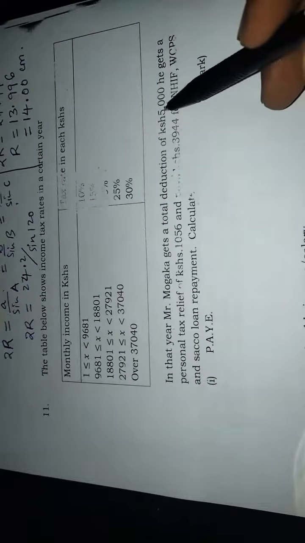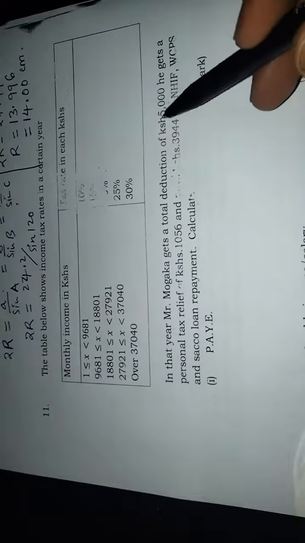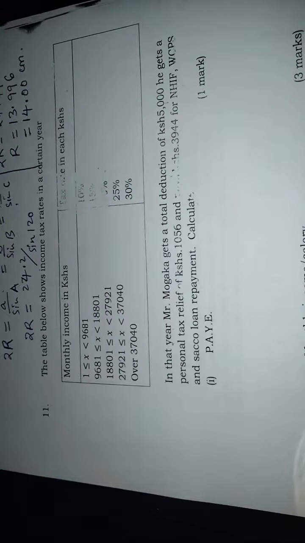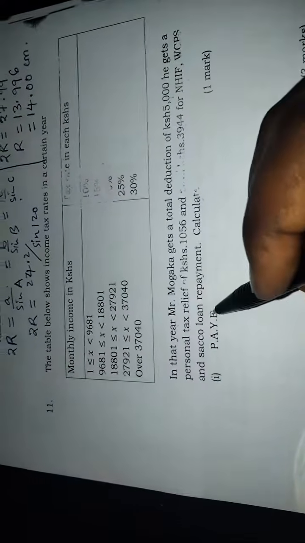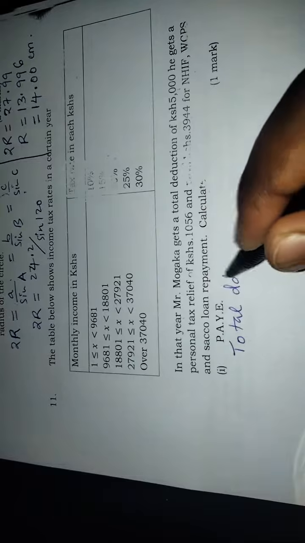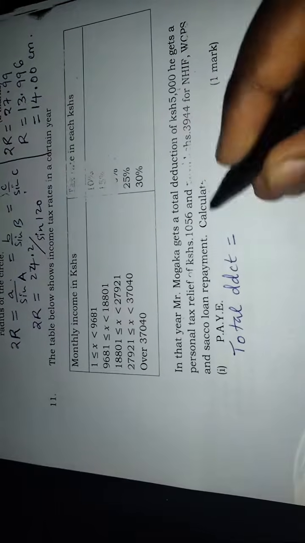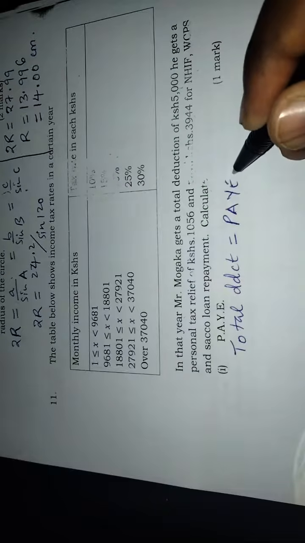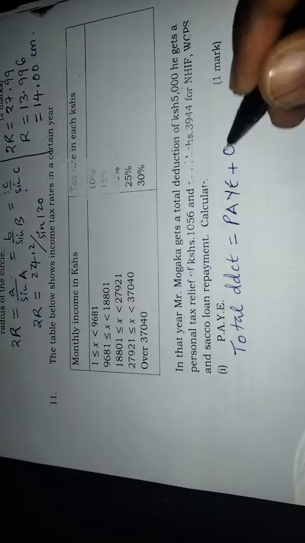Calculate part 1, payee. Remember, we have been given what we are calling total deductions, and it's good to know that total deductions comprise payee, which is the first deduction, plus other deductions.